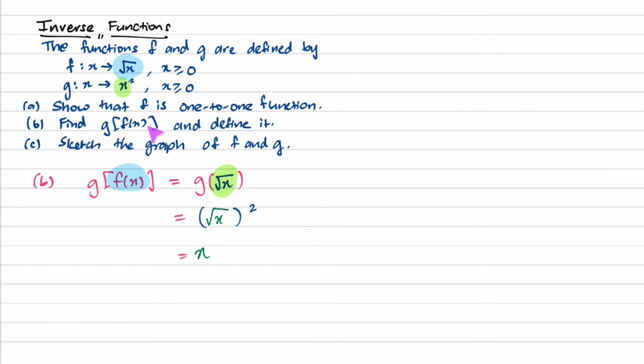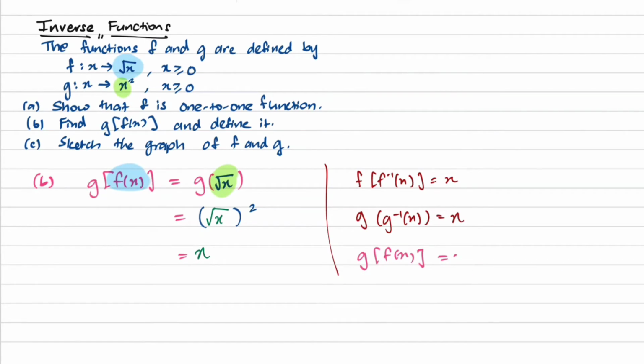After we have found g(f(x)), the question wants us to define it. What does it mean by defining it? Well, do you remember this property? You know that f(f inverse(x)) is equal to x. This is the definition of inverse function. But now, we have g(f(x)) equal to x, which means that I can also rewrite this as g inverse equal to x if the function is g. But what we get here is g(f(x)) equal to x.